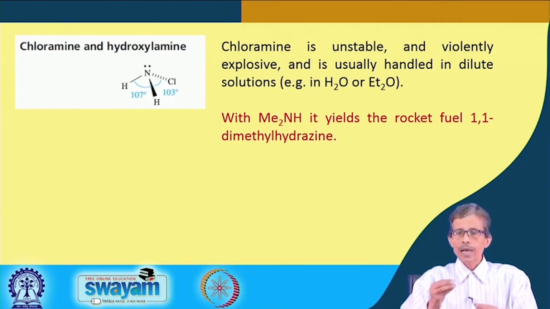If this dimethylamine is allowed to react with chloramine, it can give the corresponding 1,1-dimethylhydrazine molecule. That is a very useful rocket fuel also, and since we are using it as a rocket fuel, it should be a costlier one. So, production of this molecule will be an interesting one.